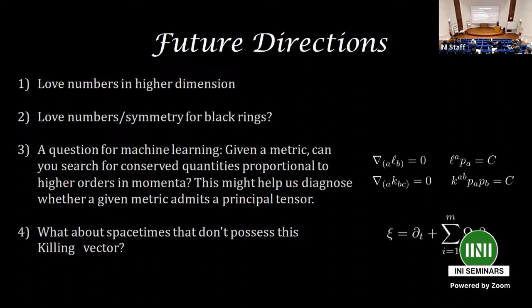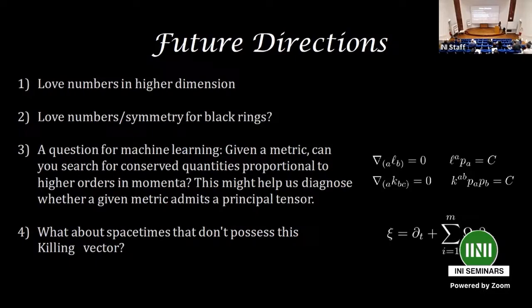Sometimes spacetimes don't look separable, but they secretly are. So it would be nice. On one hand, you can try to find a principal tensor, and then there's that theorem that gives you those conserved quantities, or maybe you could just try to hunt down those conserved quantities for a given metric. And I don't know how to do this, by the way, just wanted to tell you.